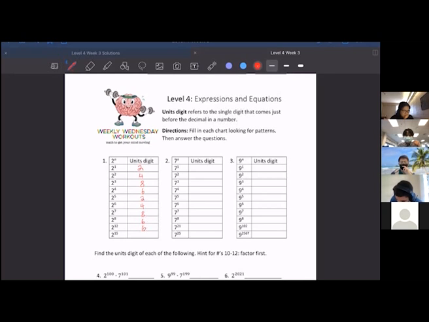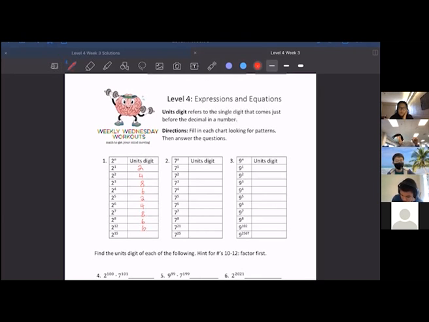So what's 15 divided by 4? What's the remainder of 15 divided by 4? Come on, Andrew.